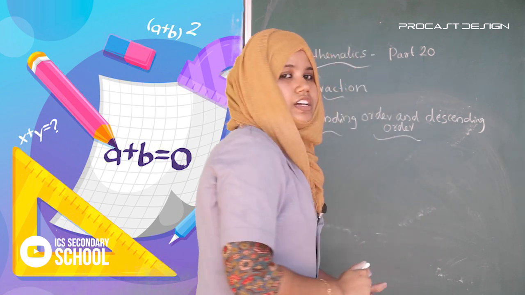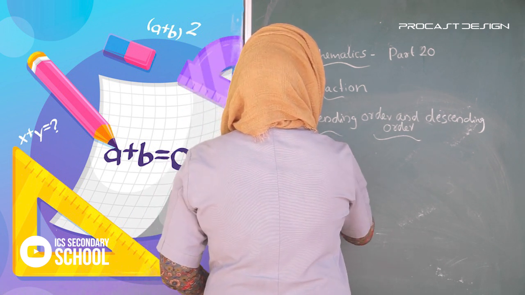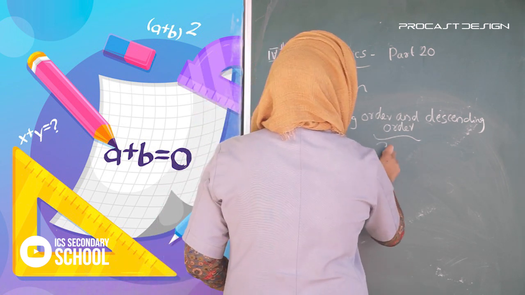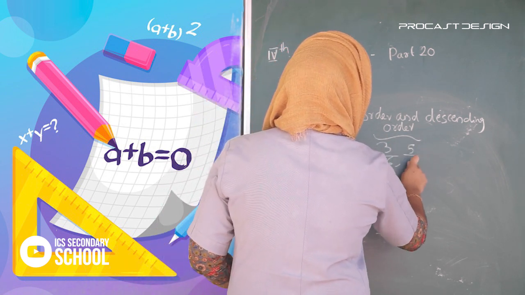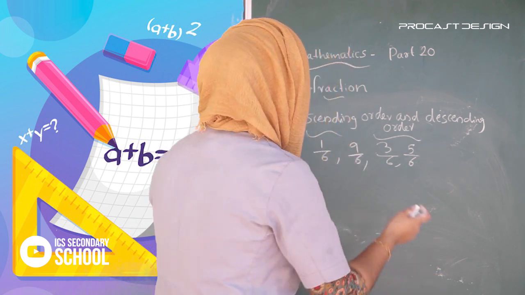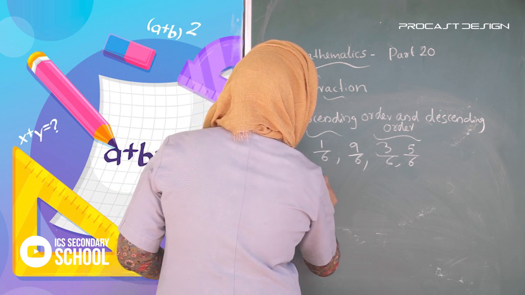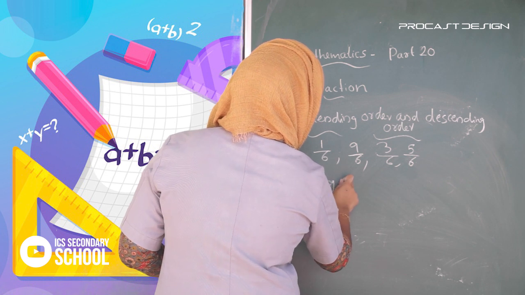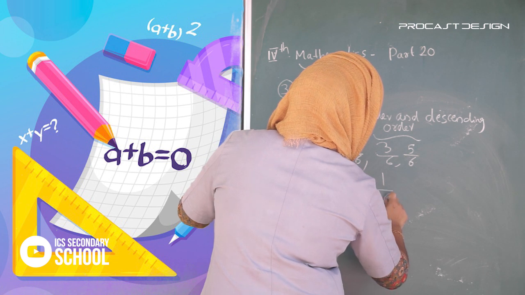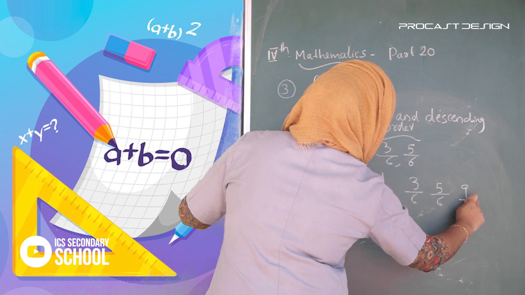Ascending order and descending order. I have a question here: 1 by 6, 9 by 6, 3 by 6, 5 by 6. Ascending order means arrange numbers from smallest to greatest. Ascending order: 1 by 6, 3 by 6, 5 by 6, 9 by 6.